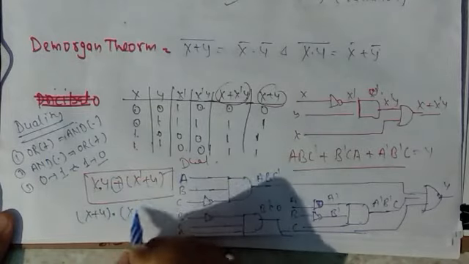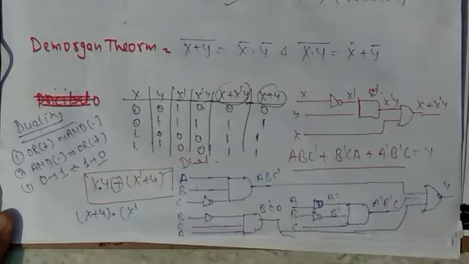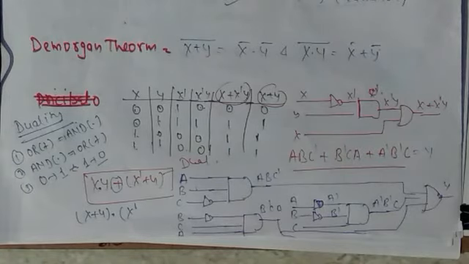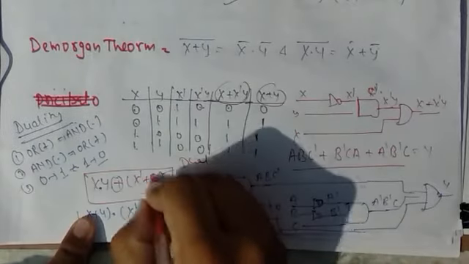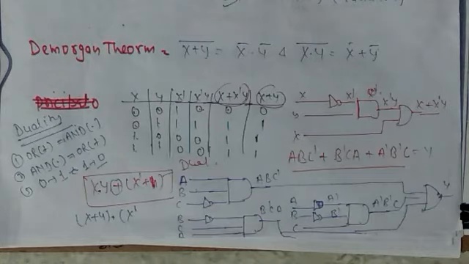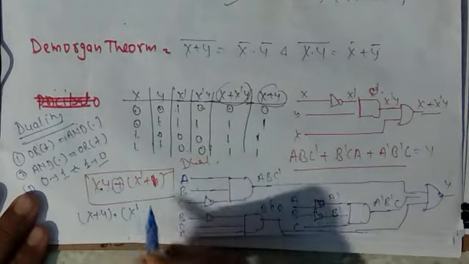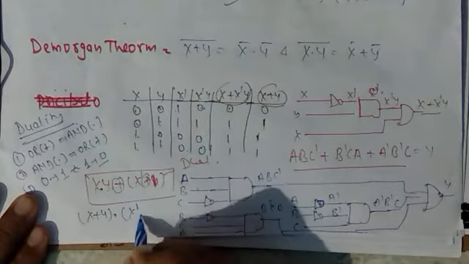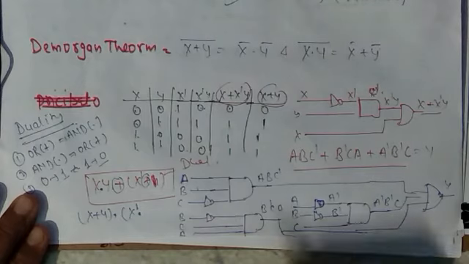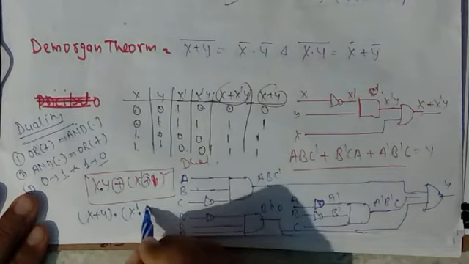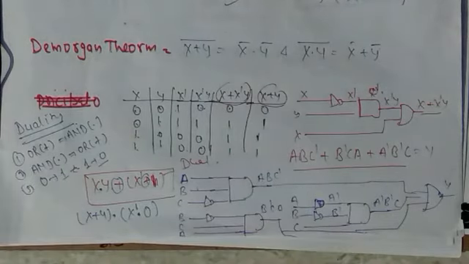This x bar stays the same x bar. Then the plus is converted into dot, and the 1 is converted into 0. So this is the dual of that particular expression.